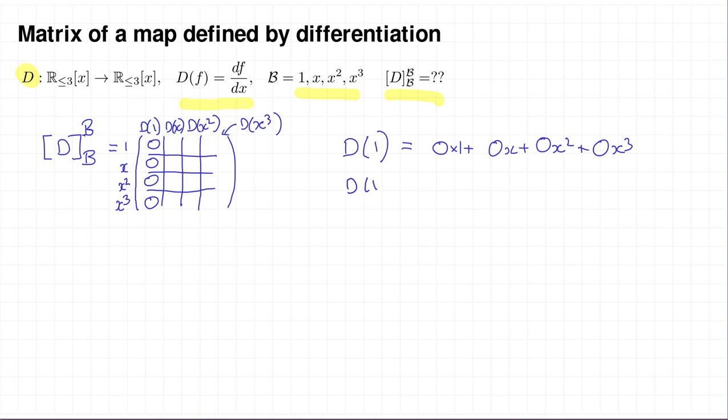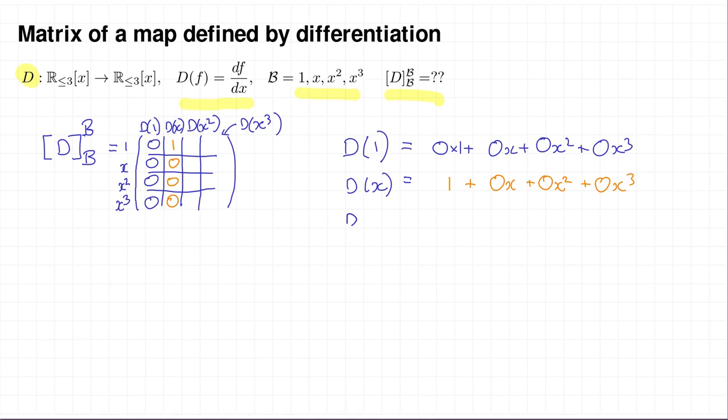Next one. To find out what goes in the second column, I apply D to the second basis element for my domain. So that's D of x. And the answer is D of x is 1. So I get 1 plus 0 times x plus 0 times x squared plus 0 times x cubed. So that means the second column should go 1, 0, 0, 0.